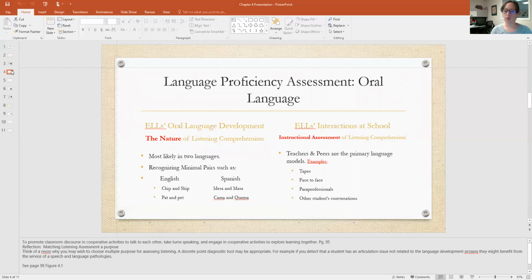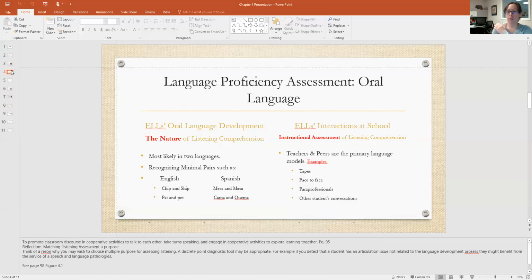For example, in English, if they're talking fast, a Spanish speaker might not understand the difference between a chip and a ship. Or same thing if they're writing it down, they might want to say potato chip, but they write ship because it just looks too much alike.